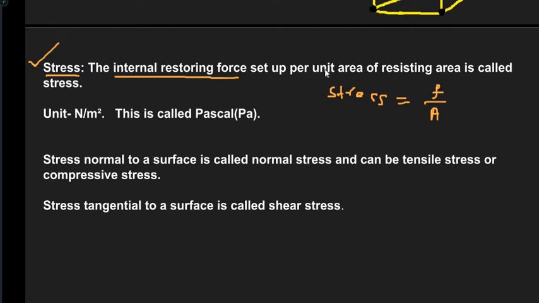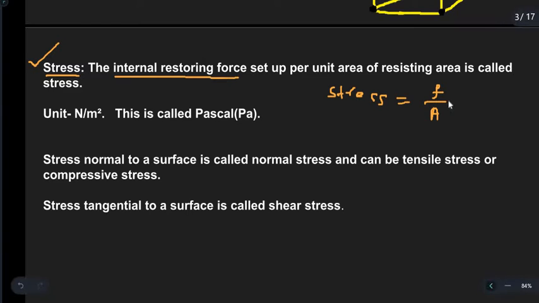And let me tell you, in equilibrium condition, this internal restoring force will be equal to your deforming force. So if the question says that you are applying a 250 Newton deforming force, it will mean that the internal restoring force is also 250 Newton. Okay, this is the way to solve the questions.